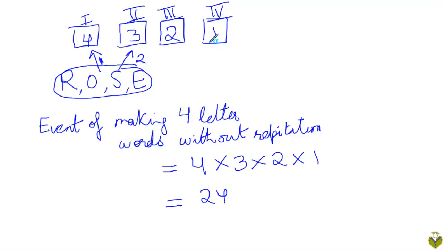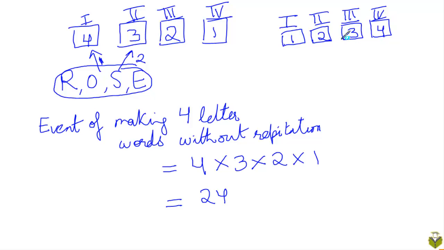In this particular case, it doesn't matter whether you begin by filling the first box and then the second box and the third box. You can actually start backward or even from the middle. For example, I can start from the fourth box first and see that there are 4 choices for the fourth box, and 3 choices to fill the third box because I used one of those letters for the fourth box, and 2 choices for the second box and 1 choice for the first box.